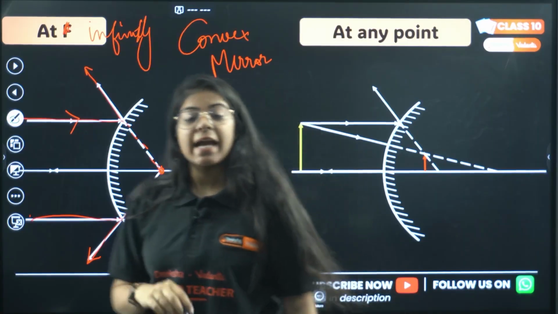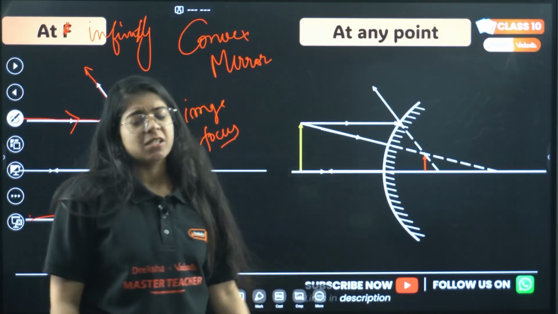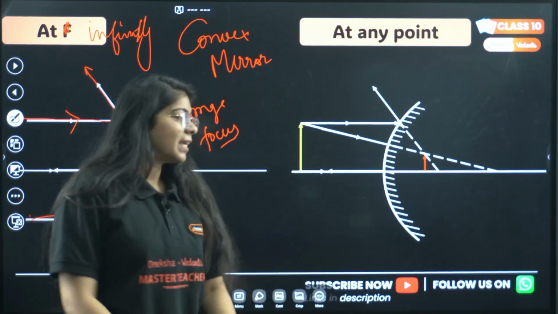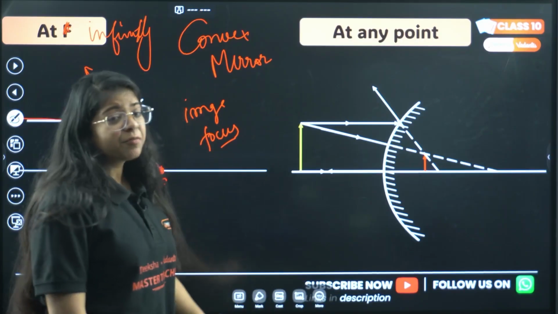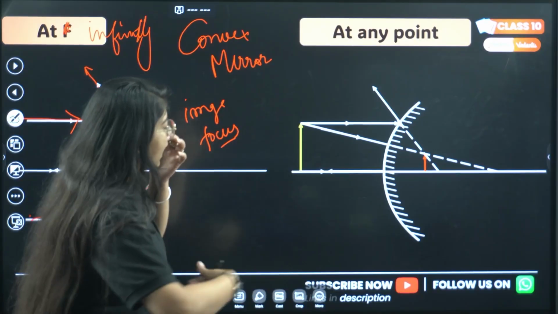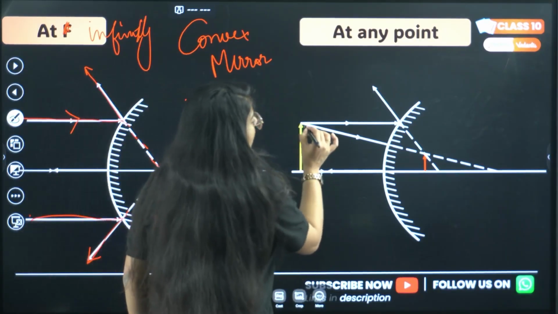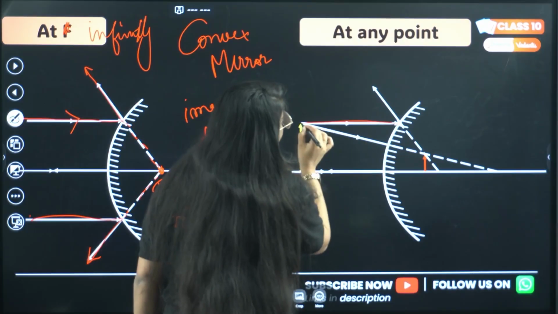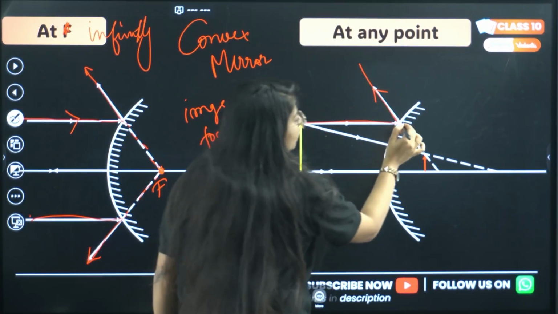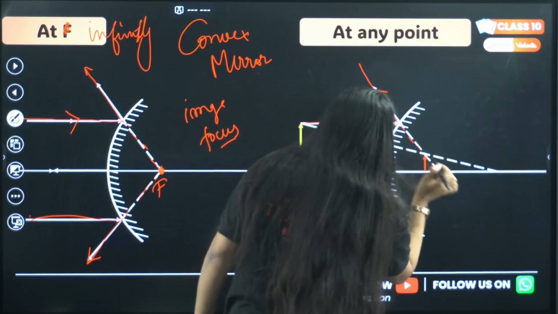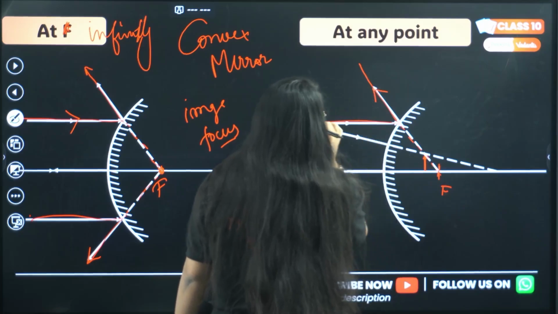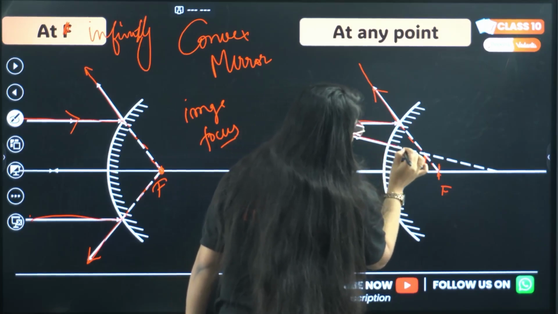Now, at any point on the principal axis, be it at focus, at curvature, beyond curvature, between C and F, or at pole, wherever my object is, what will happen? A ray will go parallel and it will get reflected like this. When we extend it backward, we see this is the focus, and then a ray goes parallel.